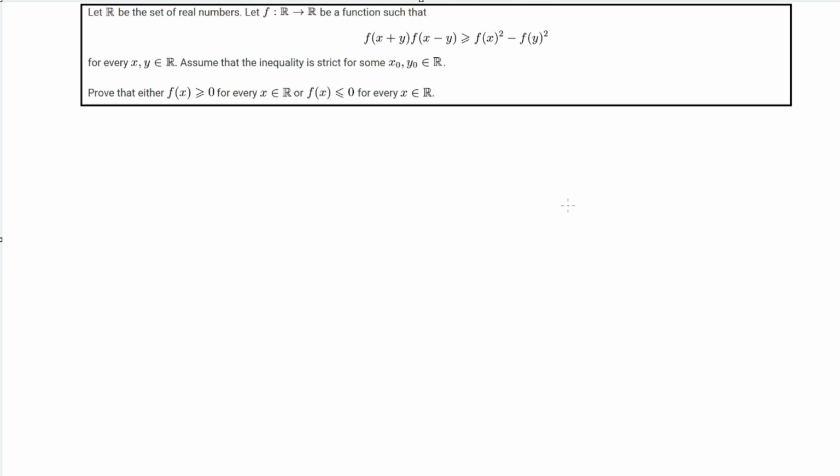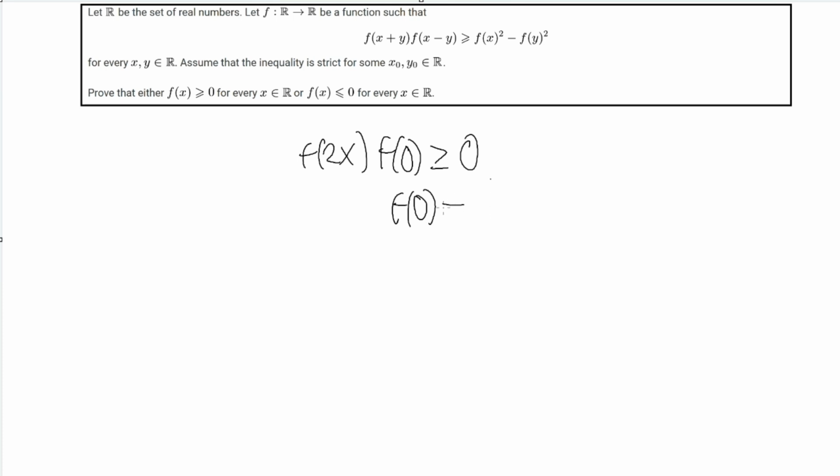But first we need to figure out some basic stuff regarding the problem. Well, if we plug in x equals y, because then that will eliminate this side here, we end up getting f of 2x f of 0 is greater than or equal to 0. Well, are we just done? Because we can just divide by f of 0 and we're done. Well, not quite. We can only do that if f of 0 is not equal to 0.